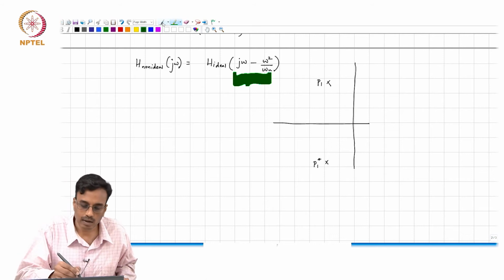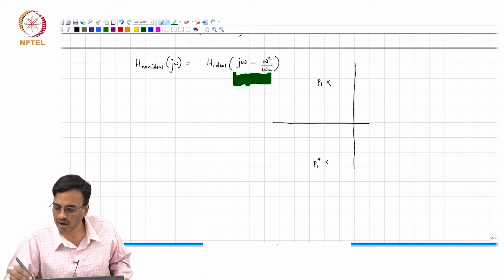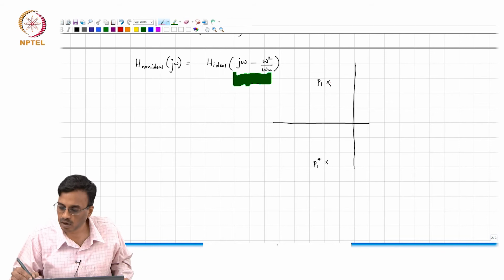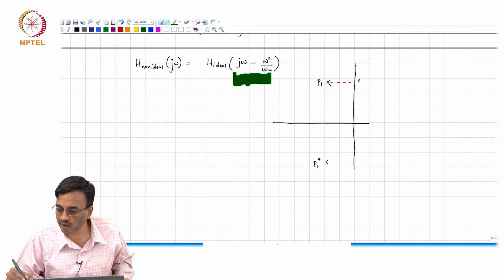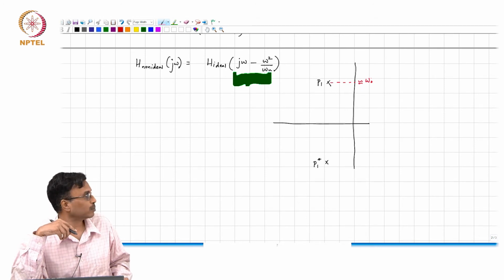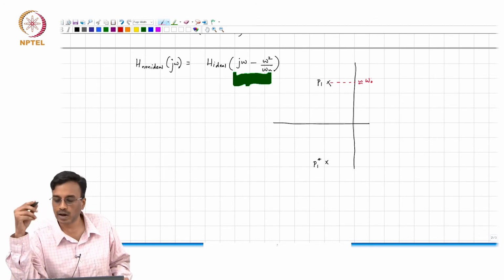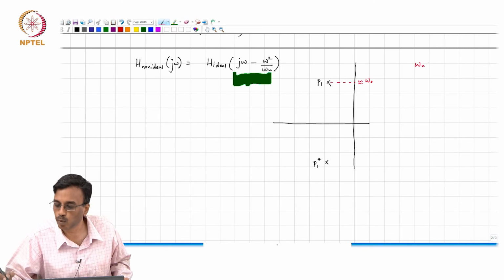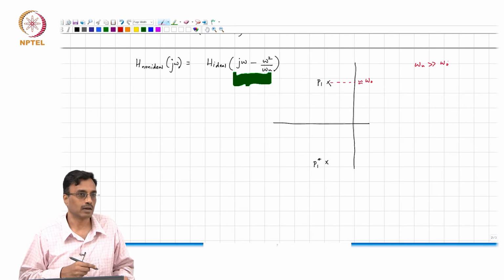Let me also draw your attention to the fact that omega u is approximately omega naught. And how does this path j omega minus omega square by omega u look like? And omega u, remember, is much greater than omega naught. So how does this path look like?